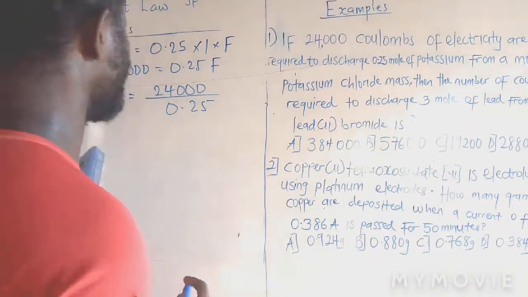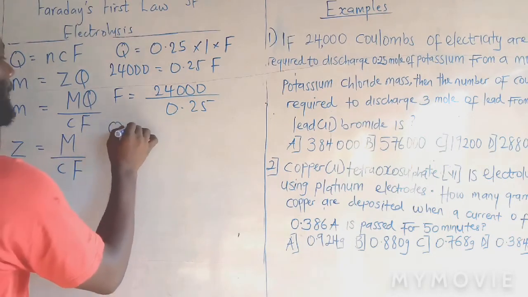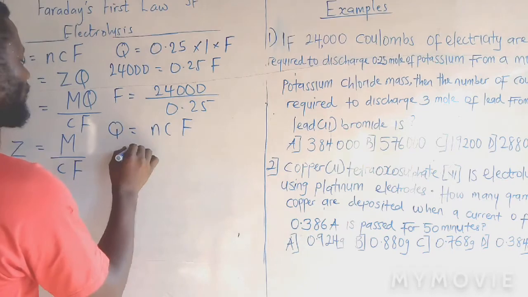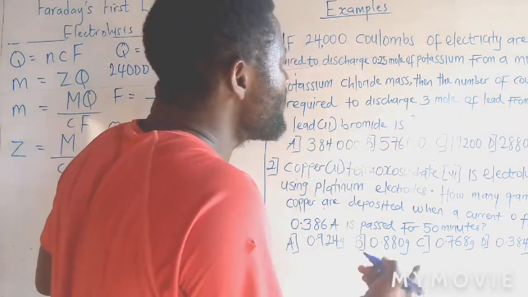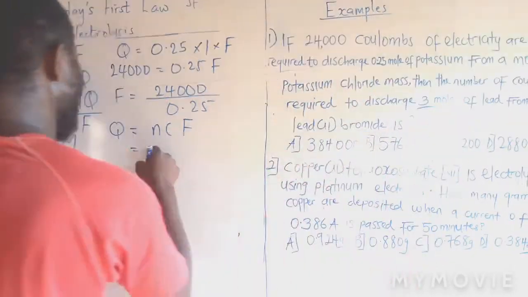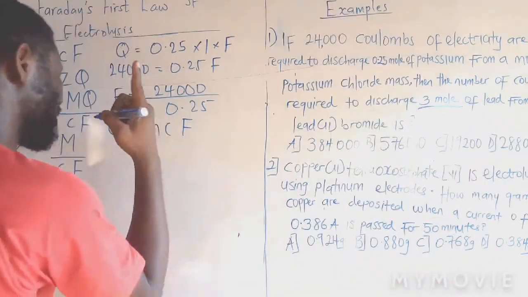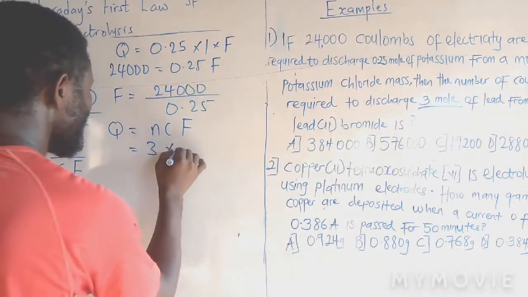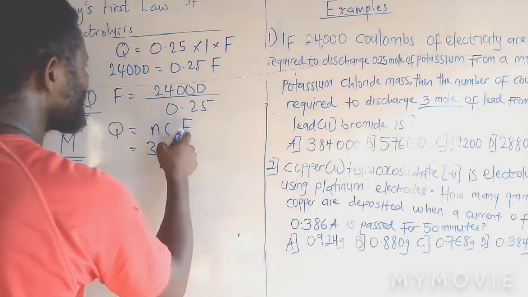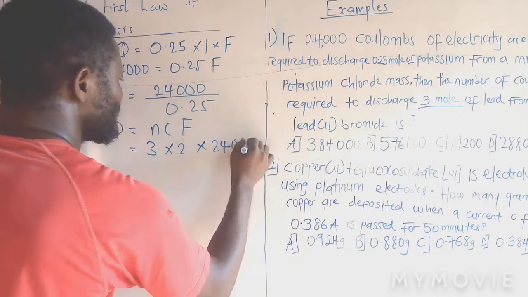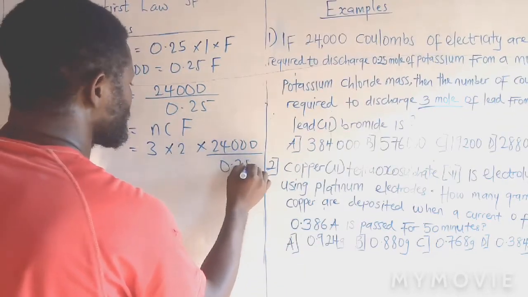To calculate charge now, I have Q is equal to NCF again, which will give me 3 moles. We are given 3 moles. So N here will be 3 of lead. Lead is 2. The oxidation state of lead is 2. Multiplied by 2. What is the F we got here? Multiplied by 24,000 over 0.25.